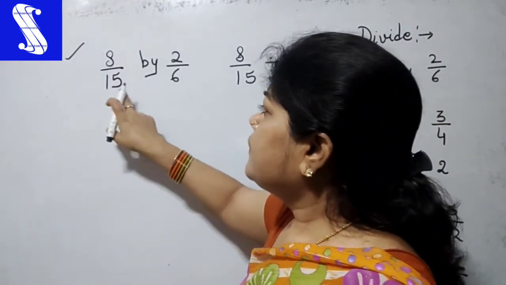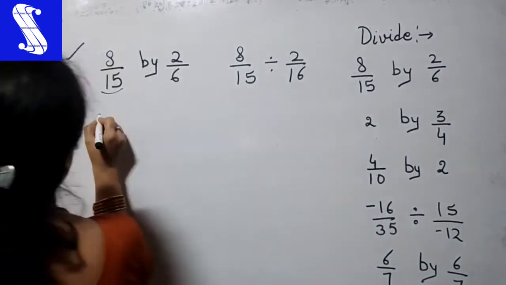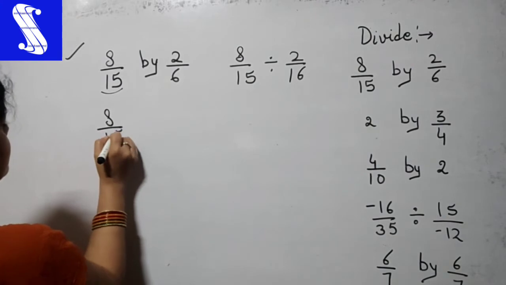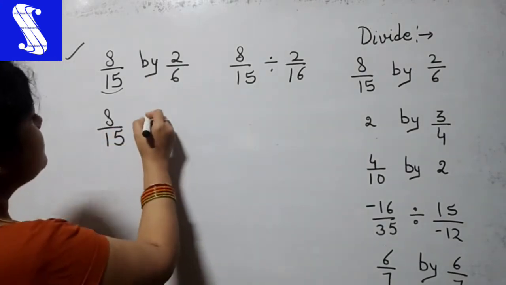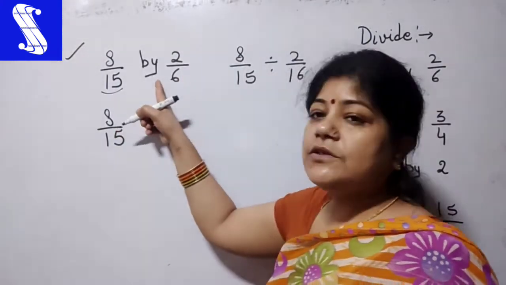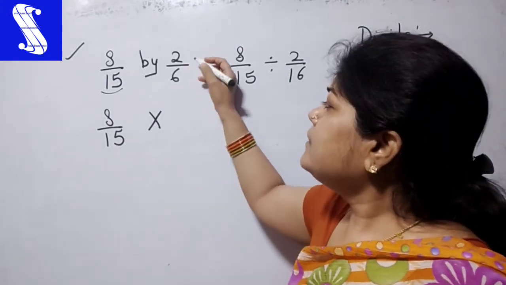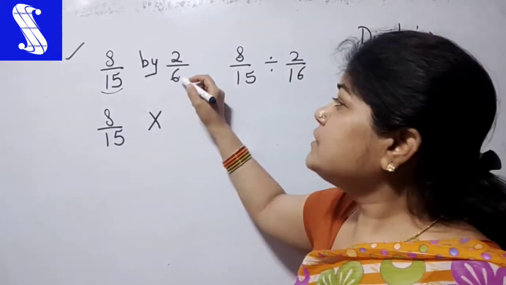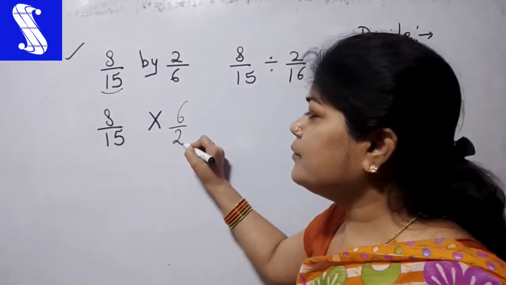In order to divide them, you simply write it as it is given. Now in place of by, you make the sign of multiply, and 2 by 6 you reverse, that is 6 by 2.